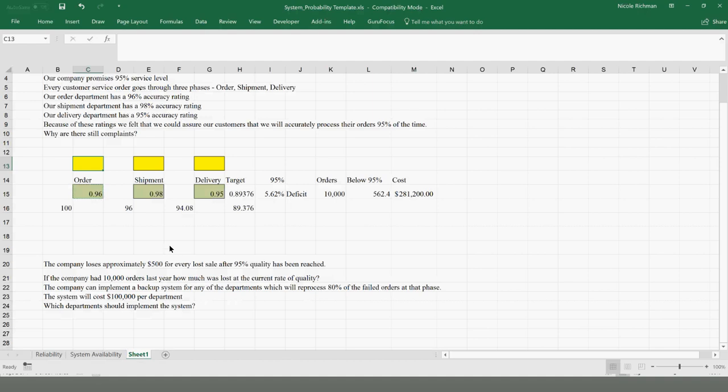So we calculate that. Let's put in our 0.80. So what we're saying in terms of ordering is that 0.96 plus we're going to send 1 minus 0.96, so the 4% of the orders, through another phase that is a 0.8 quality level.